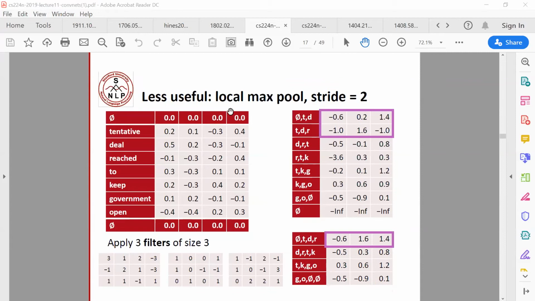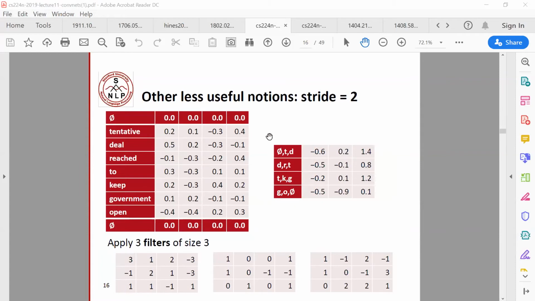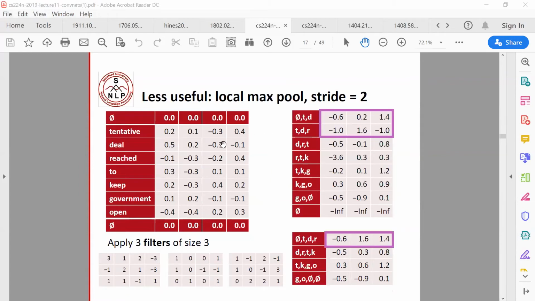And then again, under less useful, he also has local max pooling, stride 2. So go back to our stride 2, and let's see, 0 TD TDR. So this is stride 1. What's going on here?